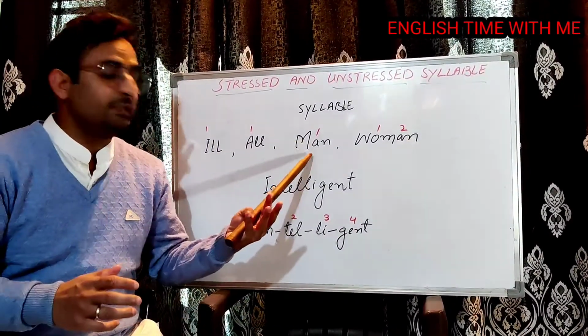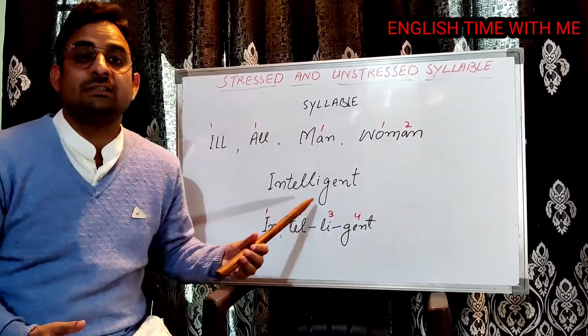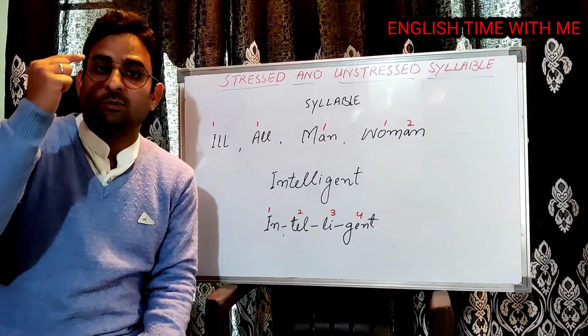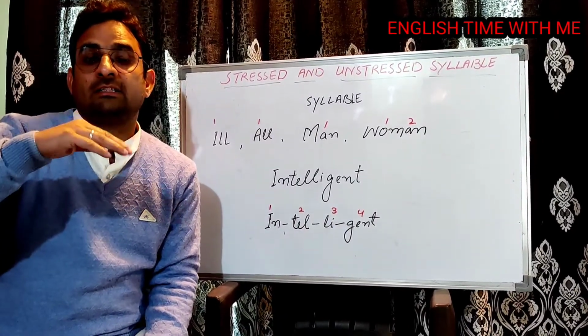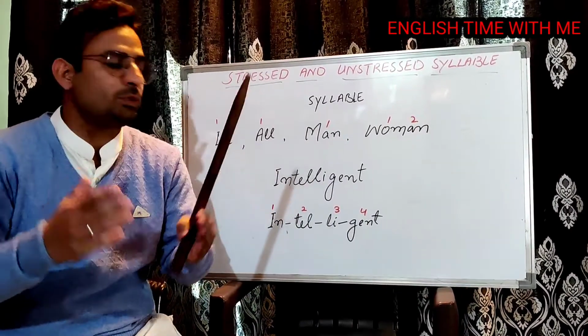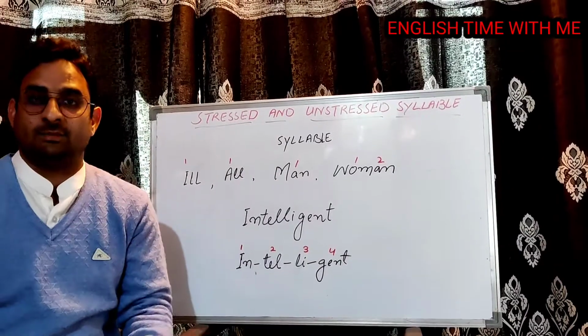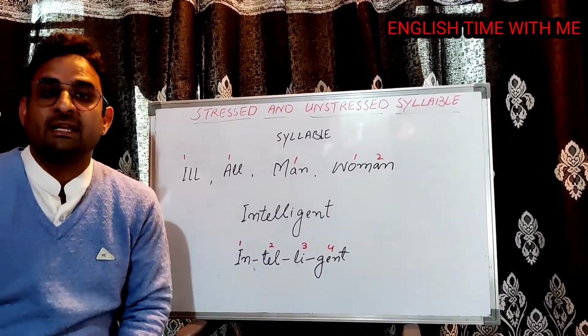If there is more than one syllable in a word, like we have here, women, like we have intelligent here, it means one has to be the stressed syllable in such words. So we have to distinguish between them. Now first I would like to tell you what is a stressed syllable and what is an unstressed syllable.